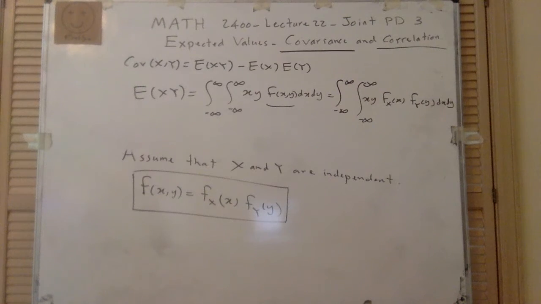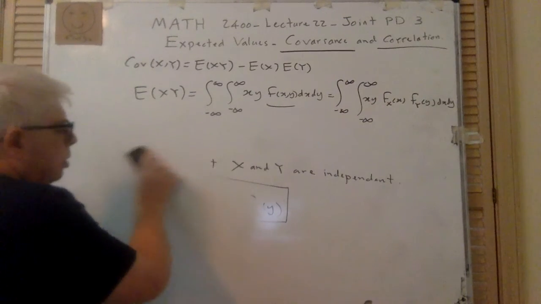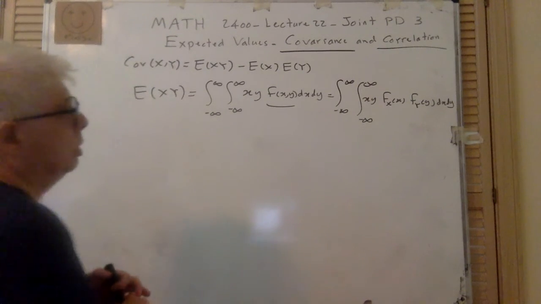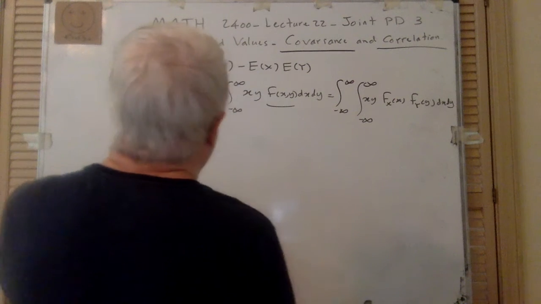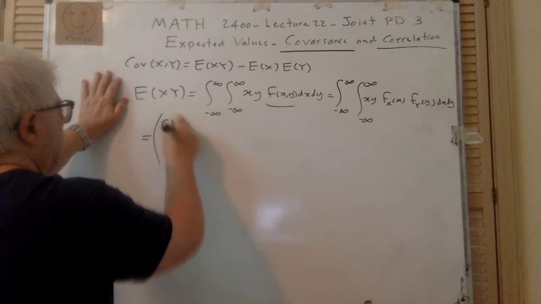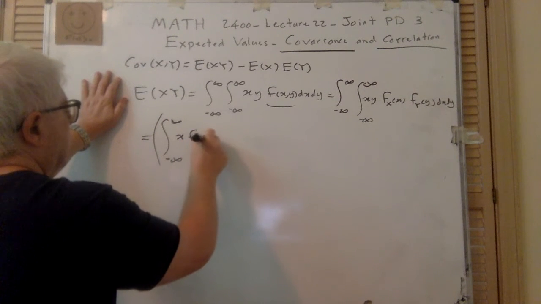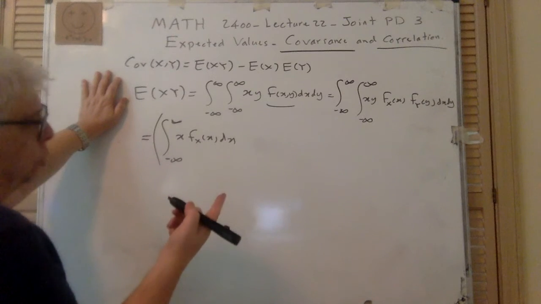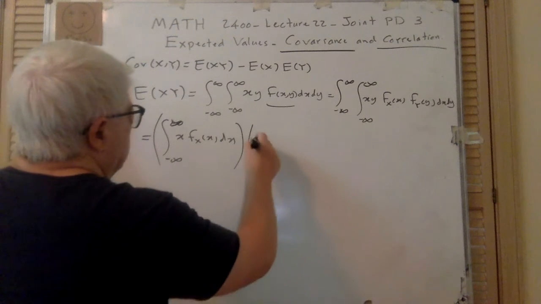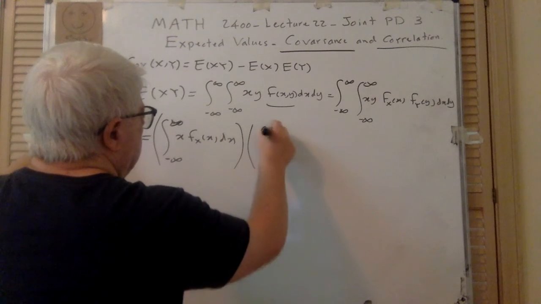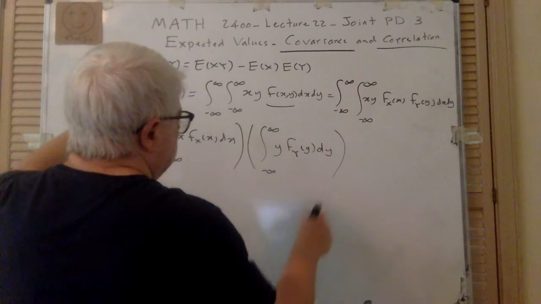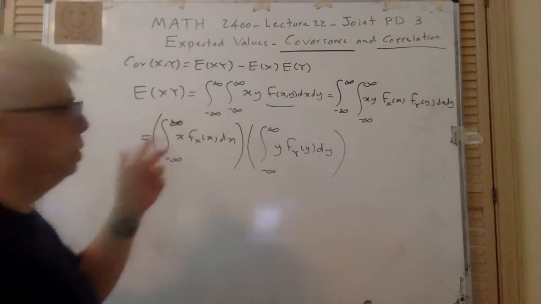Well, since it's completely split, and this is a product, I can split these two. This is the integral from minus infinity to infinity of x f_X dx. This has nothing to do with y, so it's like multiplying them. So this is times the integral from minus infinity to infinity of y f_Y dy.